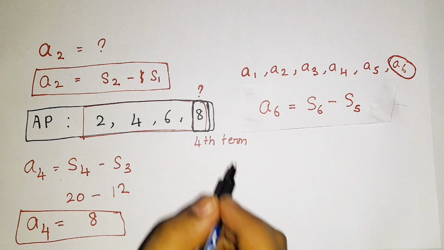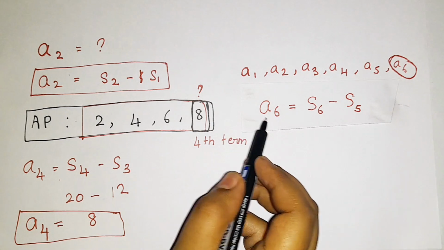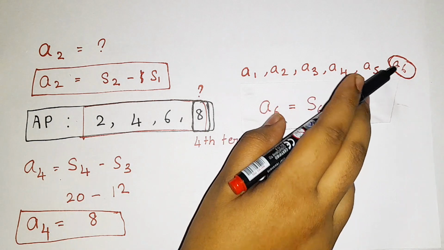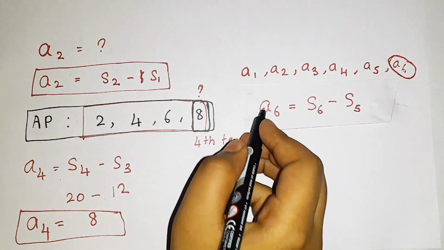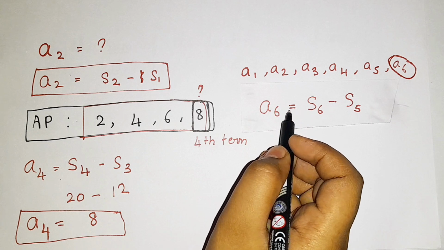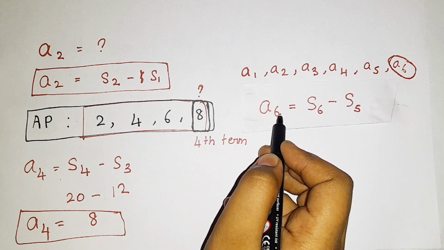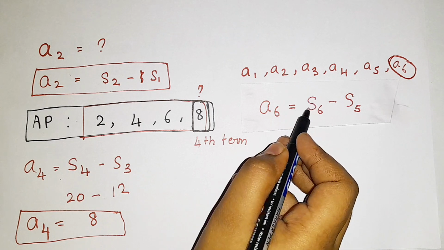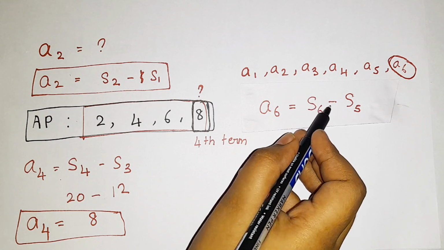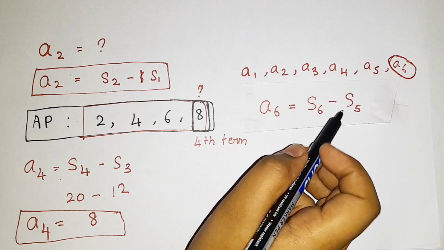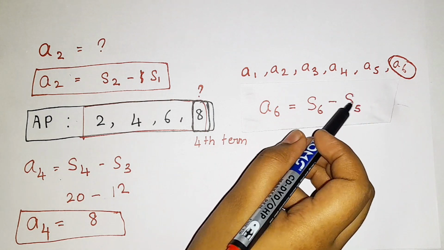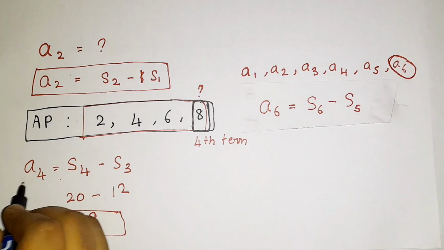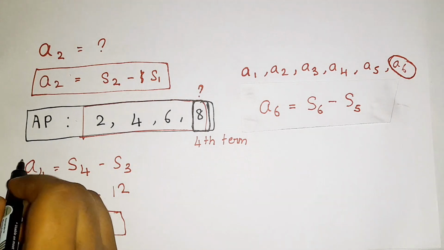First of all, remember, whenever the value is missing, here A6, we don't know the value of A6, then write A6 is equal to, and instead of A write S, S6. S6 means sum of 6 terms, and minus S5, the previous number of 6 is 5, right? So S5. Okay, this is the simplest way to understand. Like this only we found this, isn't it?